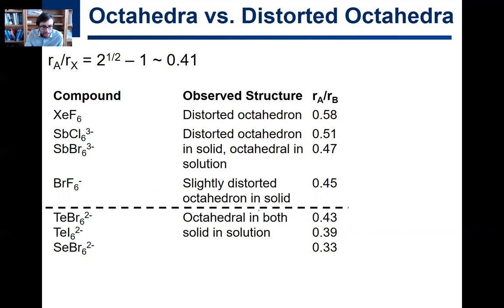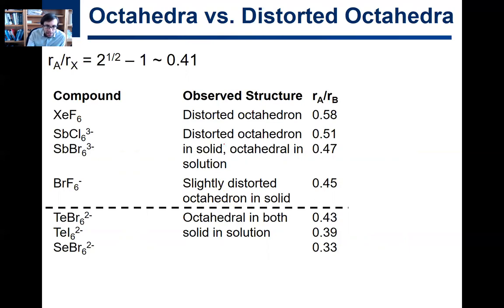And you can see that in general, if you're higher than this 0.41 value that we calculated theoretically, you will then get a distorted octahedron. You'll get the geometry based upon what VSEPR predicts, something based on a pentagonal bipyramidal structure. And so that's true for xenon hexafluoride.